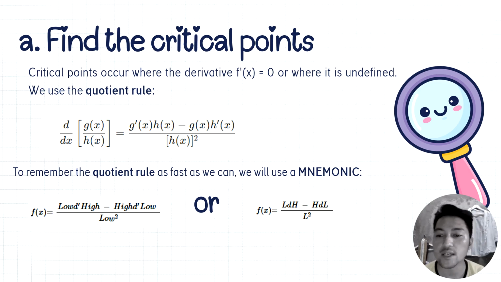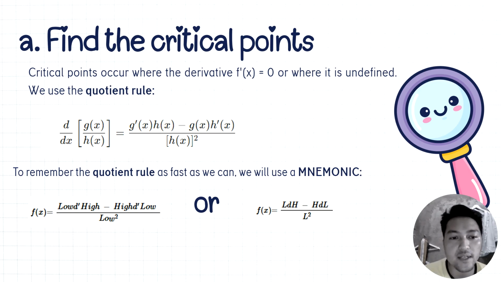So in order for us to find the critical points, we need to use the quotient rule. The critical points occur where the derivative f prime of x equals 0 or where it is undefined. So we're going to use the quotient rule.